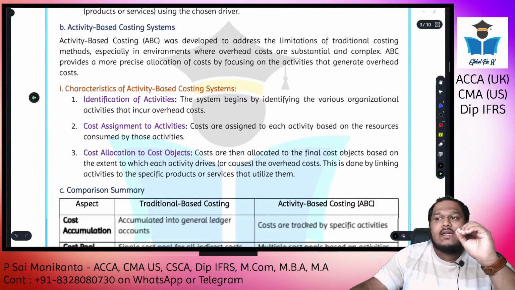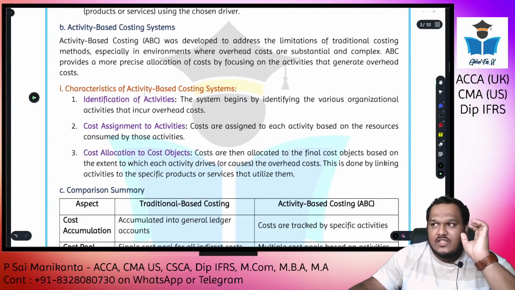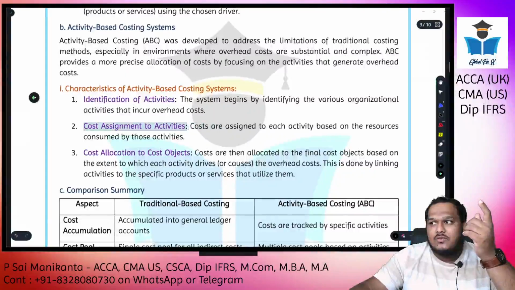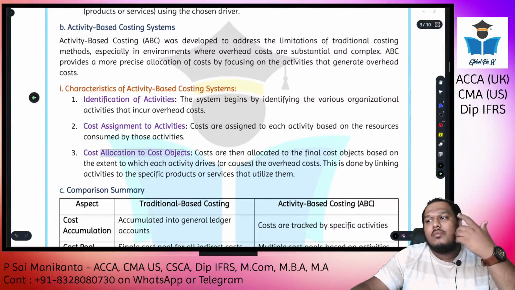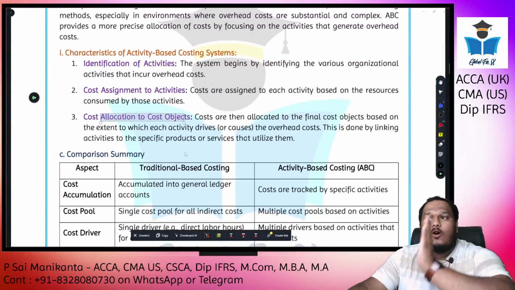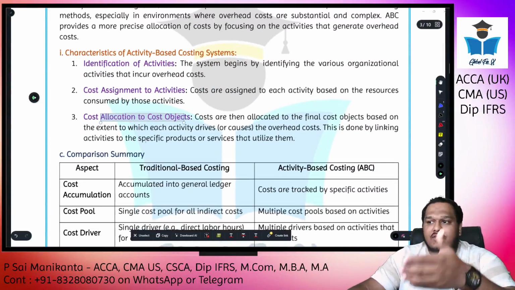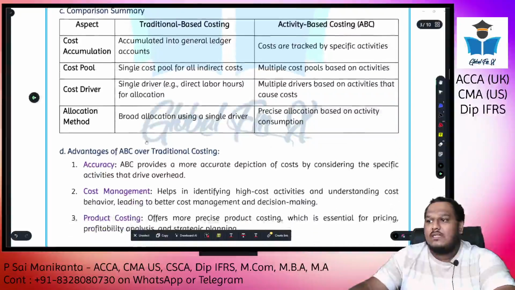Whereas under ABC, what will happen? First we'll identify the activities, then there will be cost assignment to each of the activities, then on the basis of the cost pools, cost drivers, and then cost per cost driver, we will allocate the cost. So that is the comparison.